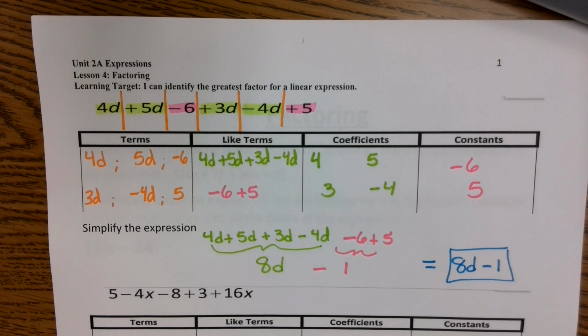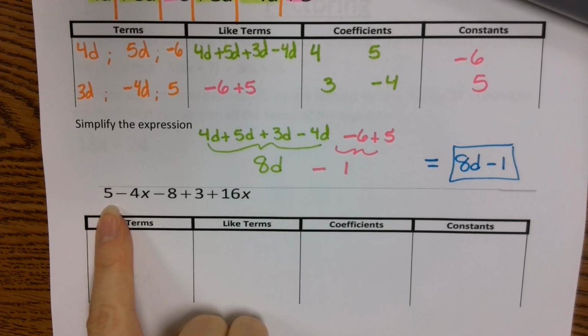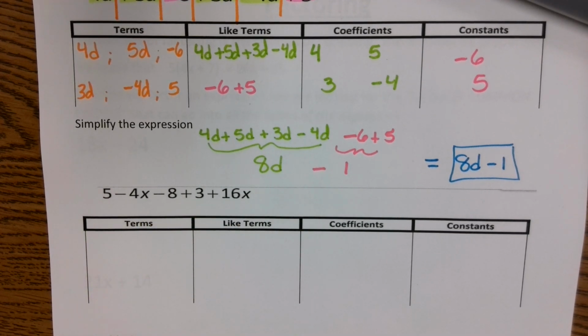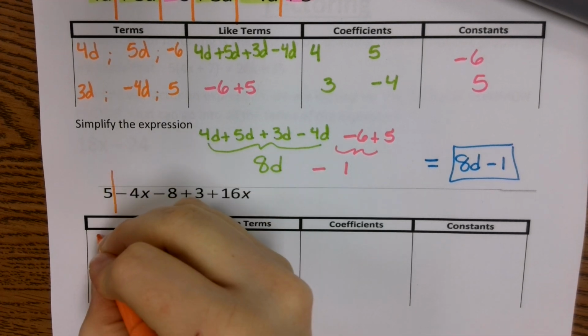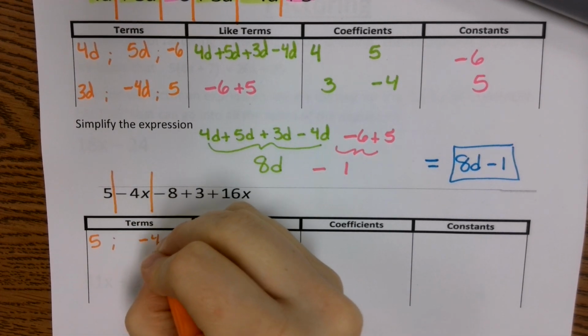Okay, taking a look at the second example, we have 5 minus 4x minus 8 plus 3 plus 16x. Again, we have to identify our terms first, then our like terms, then our coefficients, and then our constants. So in this situation, my first term is +5. The next term is a -4x.